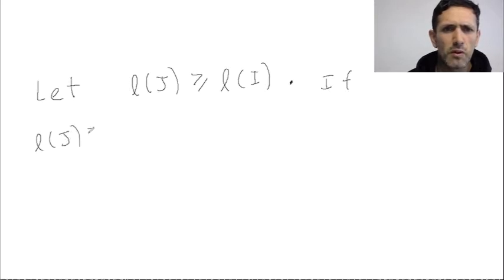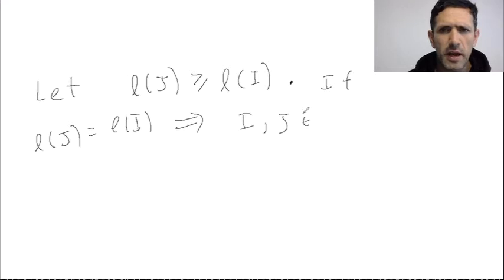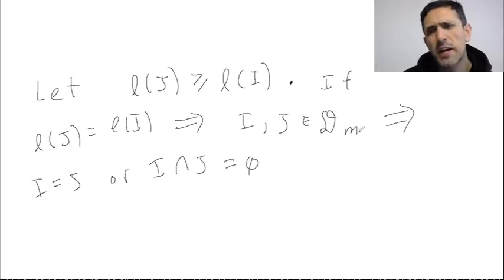If they're equal, then that means I and J are in D_m for some integer m. And that implies, obviously, I equals J, or they're empty, because dyadic intervals of length 1 over 2 to the m partition the real line. So really not much to do in this case.